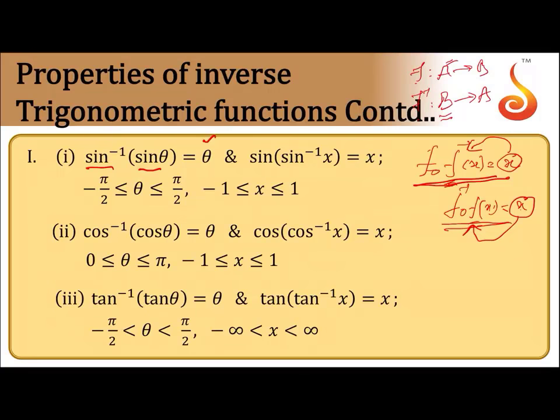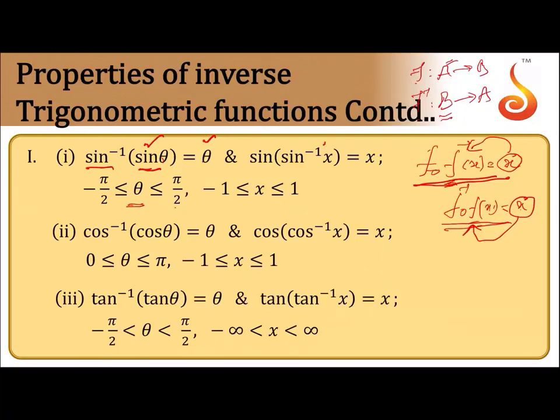So when you take sine inverse of sine theta, it is nothing but theta only, but that theta belongs to the domain of the sine function, where sine is a bijection in the interval minus pi by 2 to pi by 2.